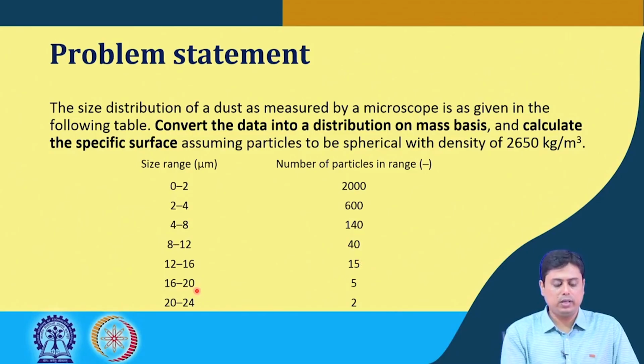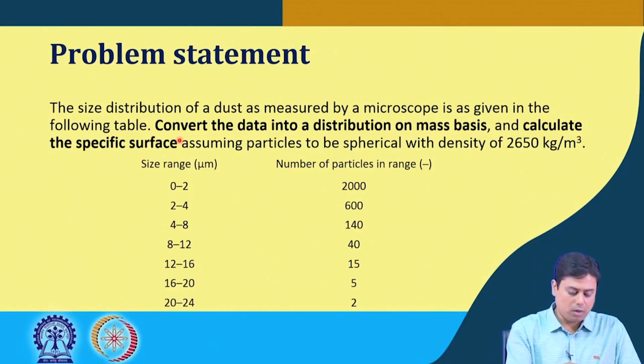From 16 to 20, it is 5 number of particles, and 20 to 24 we have 2 particles only. So the size range from 0 to 24 micron particle, we have this summation of all this right hand side number. So this is the total number that we have got from the sample, and this is the size range in which we have determined by the size measurement techniques that we have already also discussed.